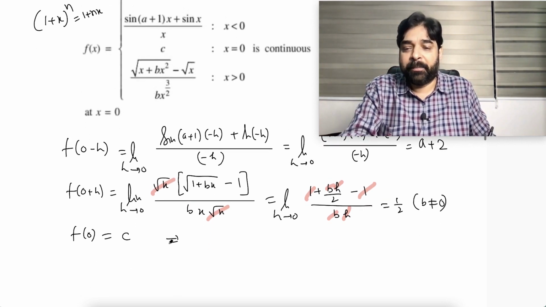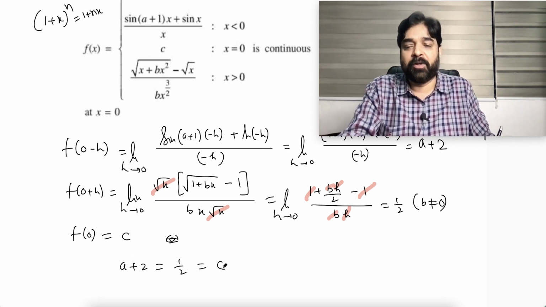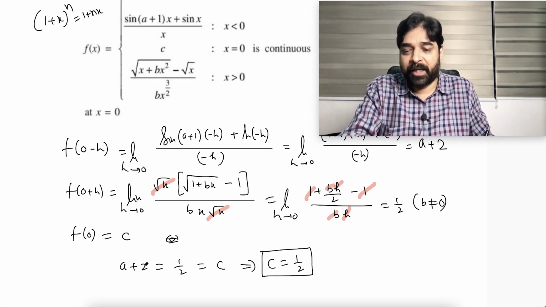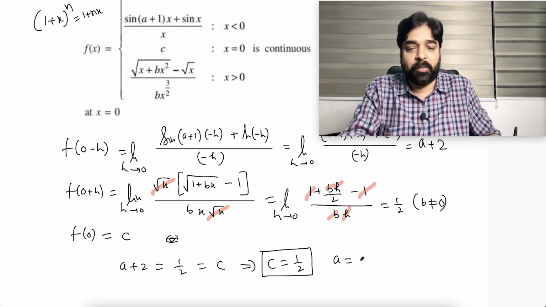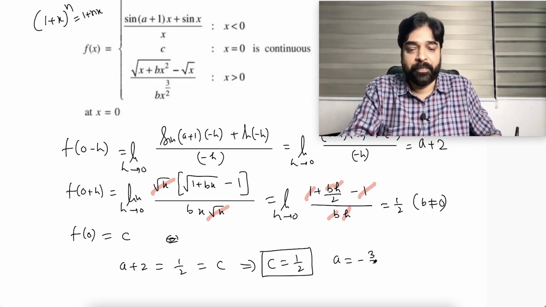That means a plus 2 must be equal to 1 by 2, must be equal to c. f of 0 minus h must be equal to f of 0 plus h, must be equal to this. So this indicates that c equals 1 by 2, no doubt about it. And from here, 2 you can shift, so a equals 1 by 2 minus 2. How much? Minus 3 by 2.